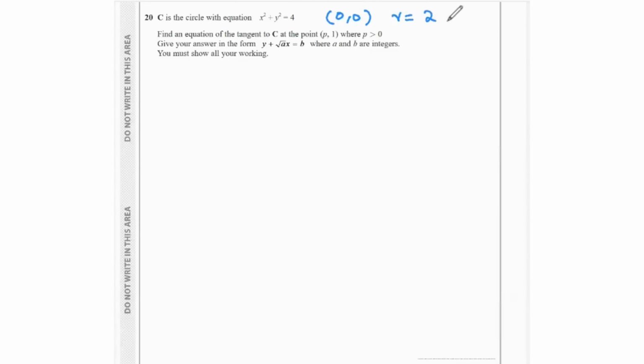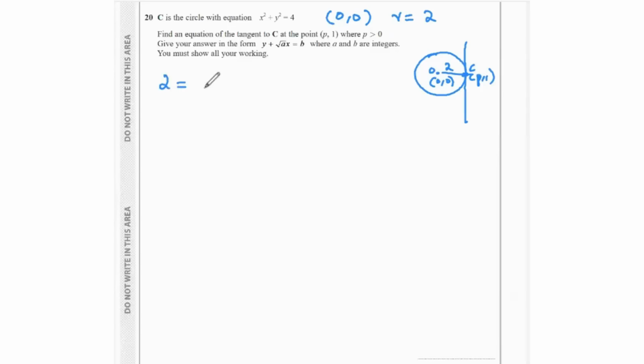Now if we put this information in the distance formula, if we have this circle, this is your center of the circle 0, 0. This is your radius 2. This is where you have your tangent, and this is where your point C is, which is P, 1. So 2 is the distance of O to C.